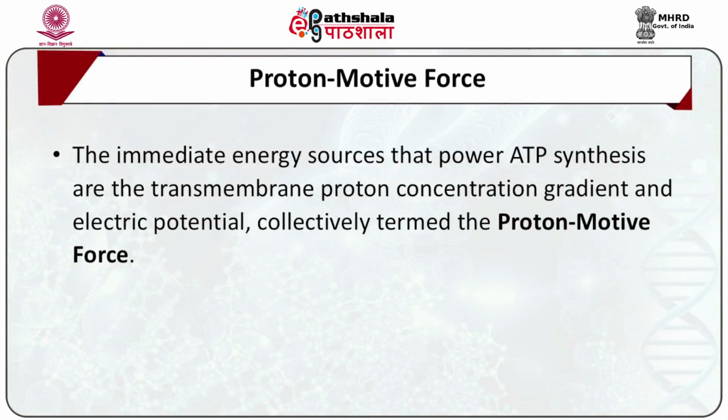The instant energy sources that facilitate ATP synthesis are the transmembrane proton concentration gradient and electric potential, that is voltage gradient, collectively known as proton motive force or abbreviated as PMF.